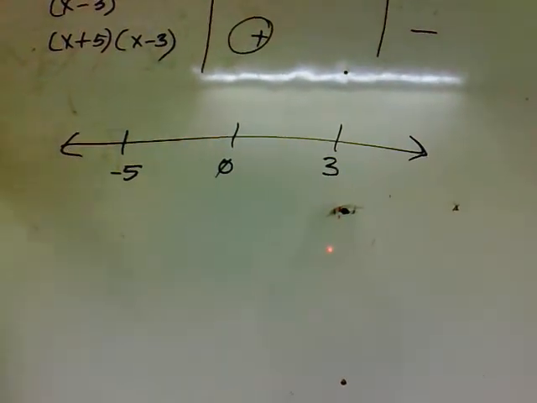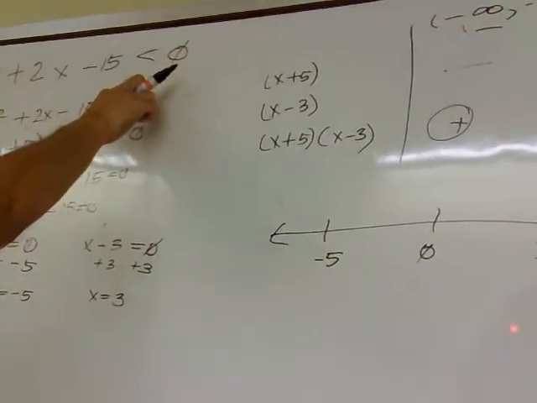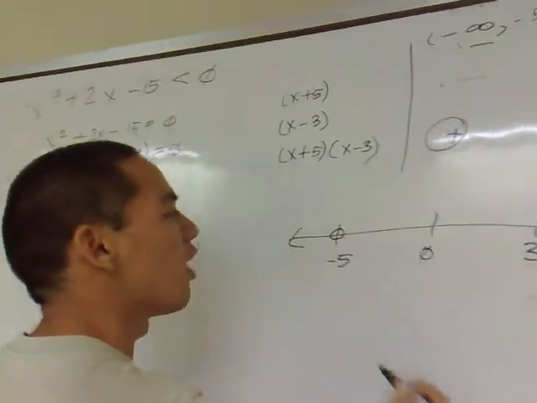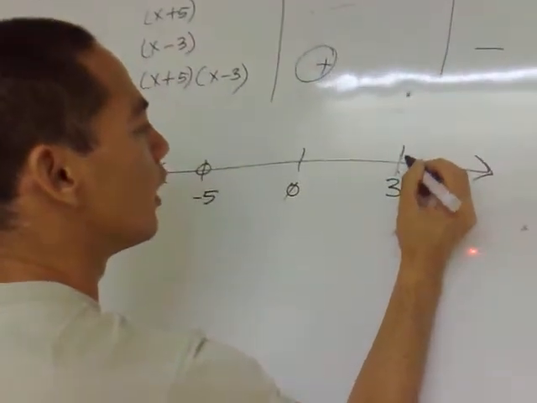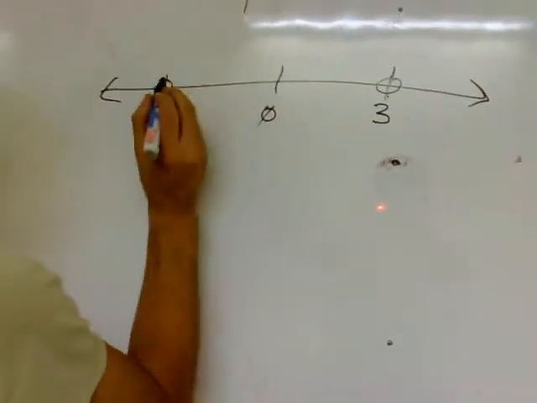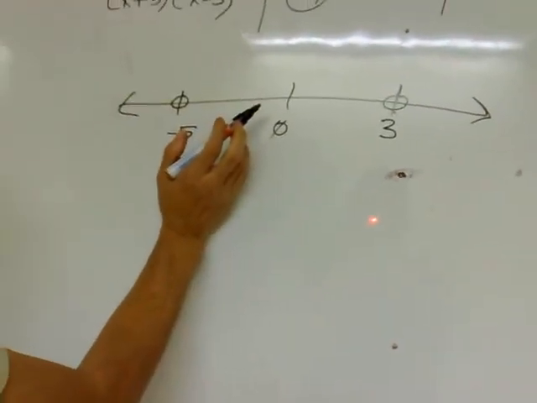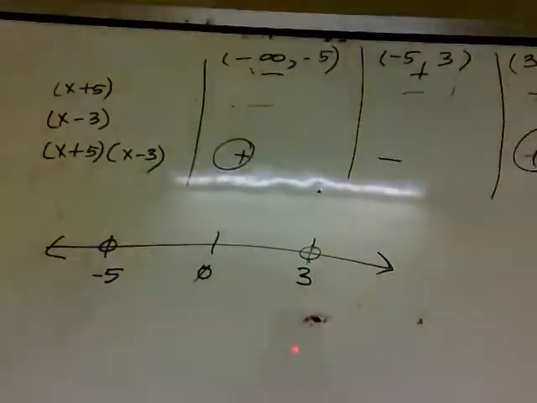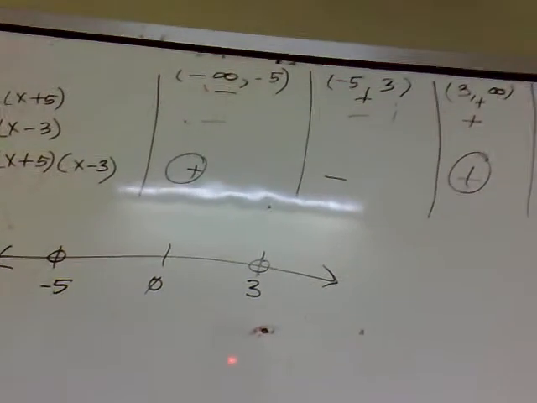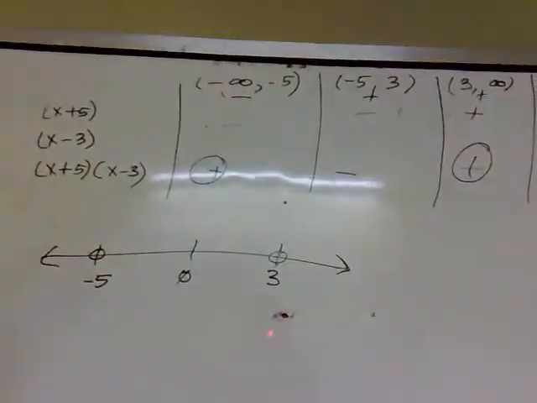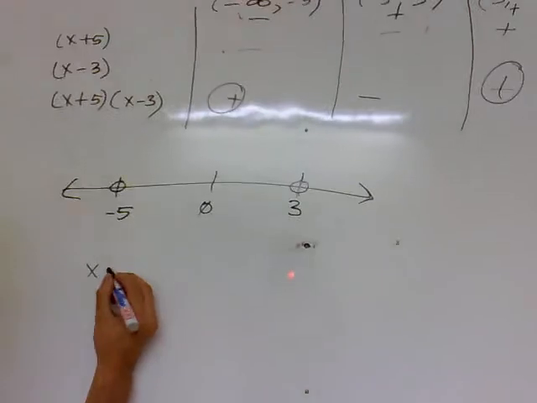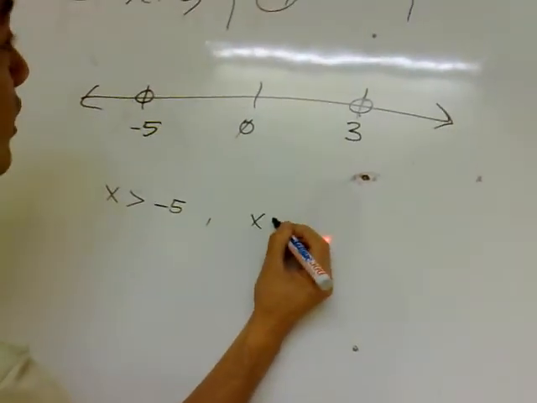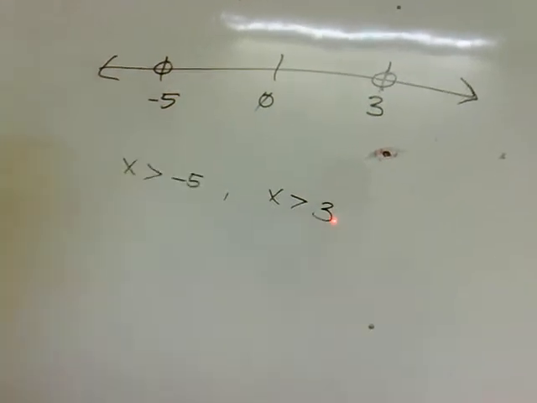Since it's less than, or an open interval, I'm going to draw a circle at negative 5 and at 3. Now here's x. So the way it is written by brute force is x is less than negative 5 and x is greater than 3.